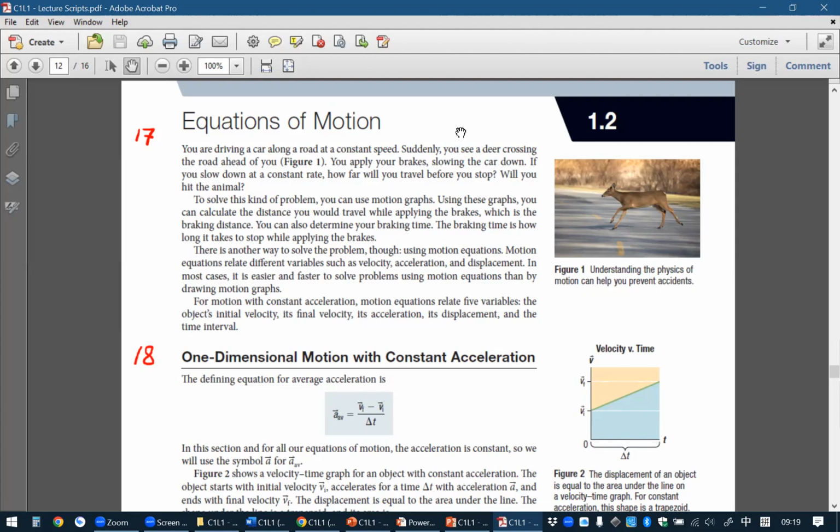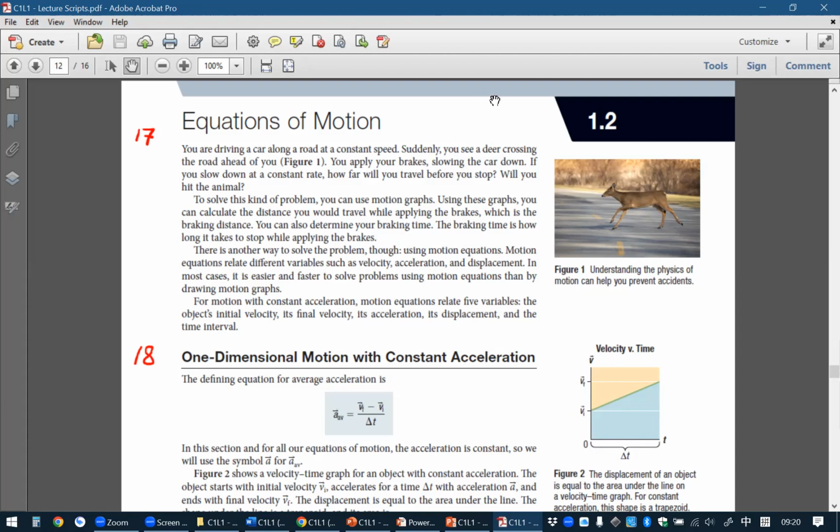Using motion equations. Motion equations relate different variables such as velocity, acceleration, and displacement. In most cases, it is easier and faster to solve problems using motion equations than by drawing motion graphs.